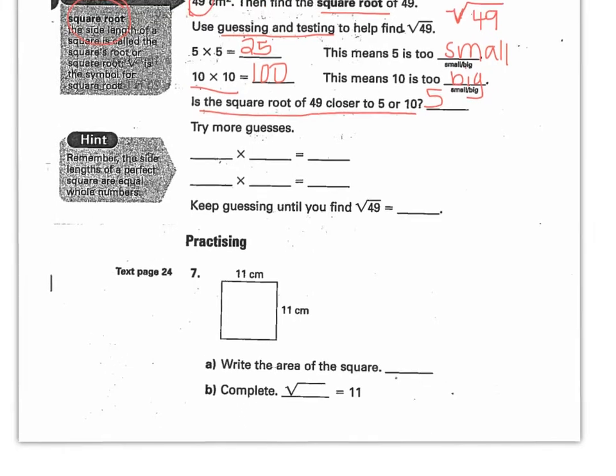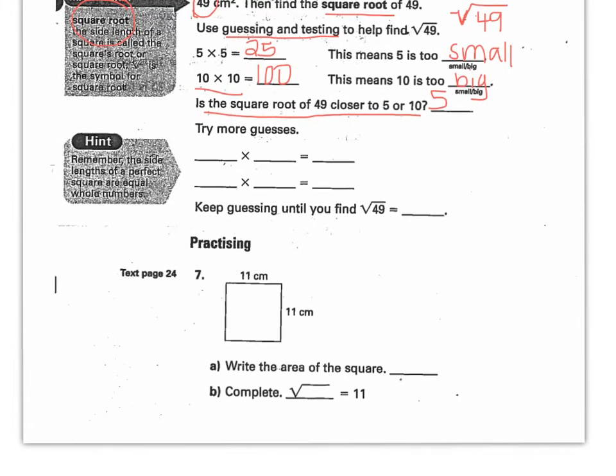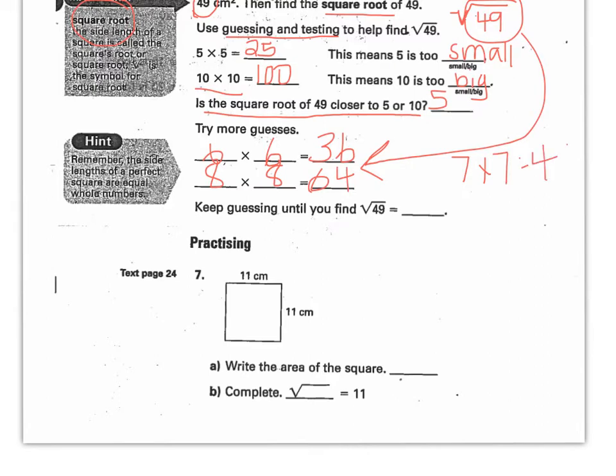Let's try 6 times 6 is 36. I'm going to try 8 times 8, which is 64. 49 is a number that goes between 36 and 64, so I'm going to try 7. 7 times 7 is 49. Therefore, the square root of 49 is 7.